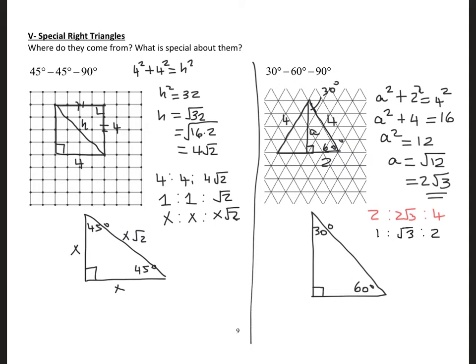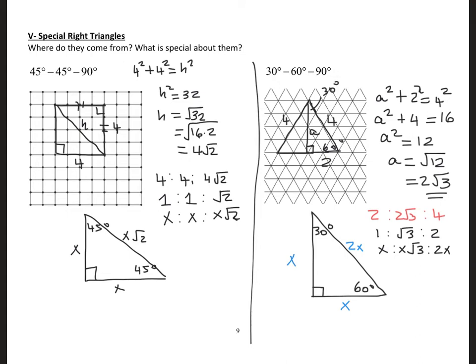Or I can use x: x, x square root of 3, and 2x. So the short side is x. The hypotenuse is 2x, double the short leg.